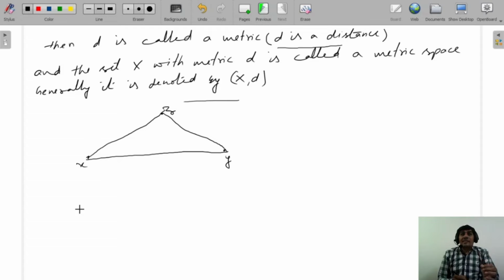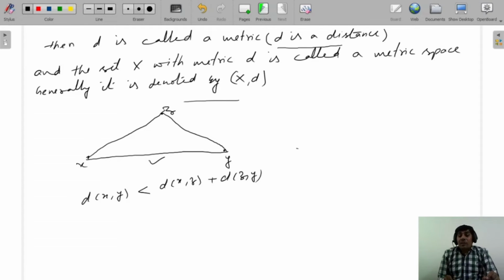We know from lower classes that the length of any one side of a triangle is always less than the sum of the lengths of the other two sides. Therefore, d(x,y) is always less than d(x,z) plus d(z,y) in the case of a triangle.